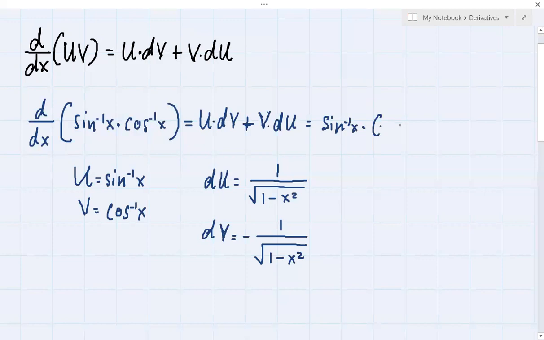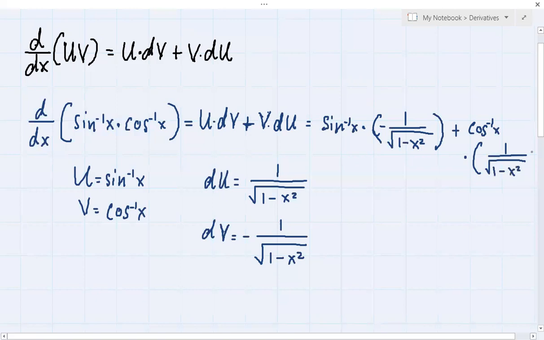Times si dv, which is negative 1 all over the square root of 1 minus x squared. Plus si v, which is si arc cosine, times du, which is 1 all over the square root of 1 minus x squared.